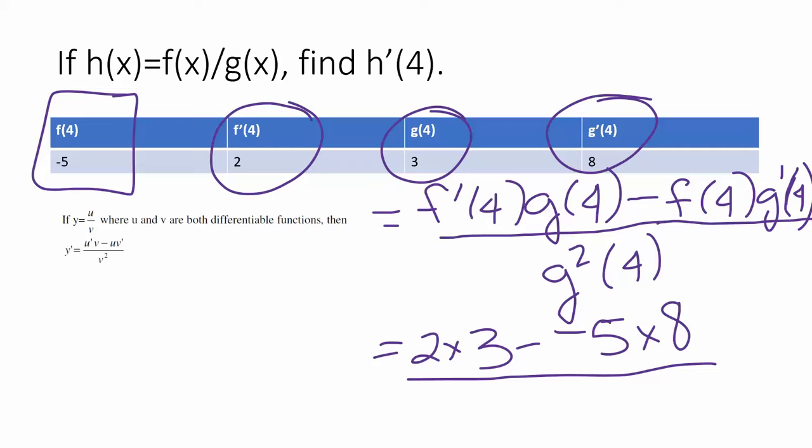So g of 4 is 3, so we're going to square that. So 3 squared. 2 times 3 is 6, minus negative 5 times 8. That's going to give us a top of positive 46 all over 3 squared, or 9. And we can leave that as a fraction, 46 over 9.